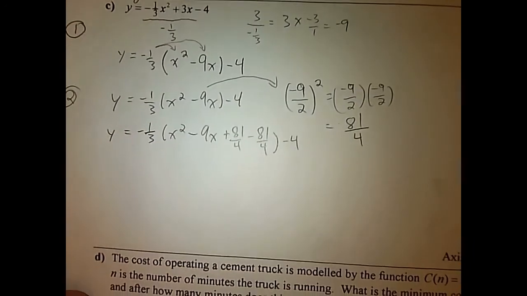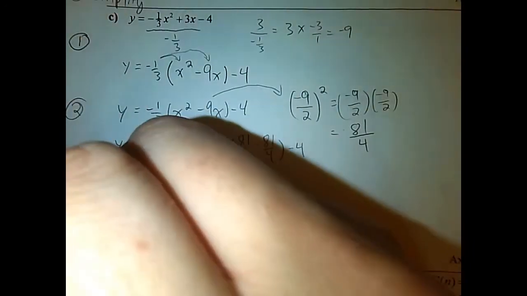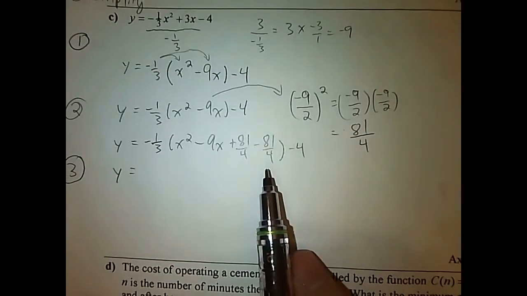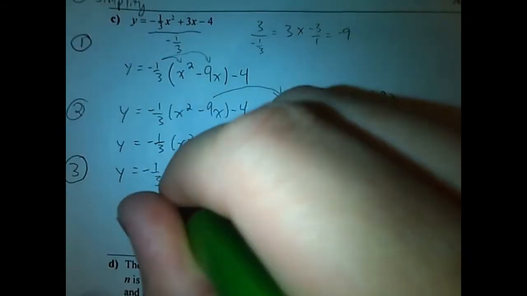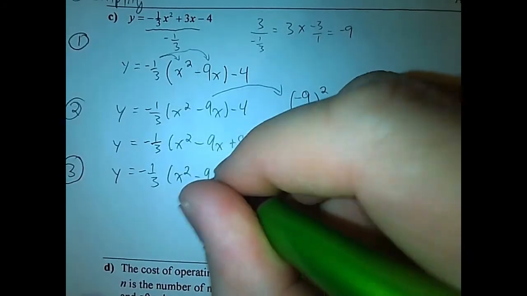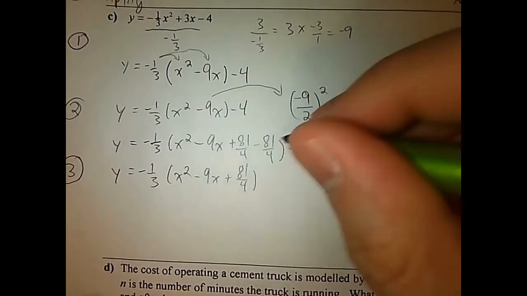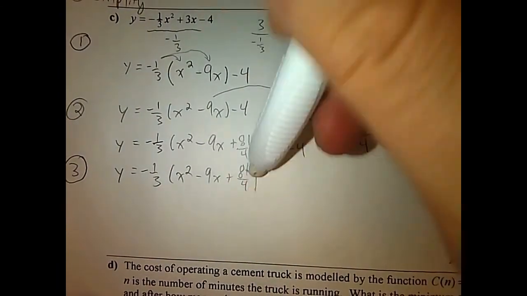There we go. So step number 3 was to get the negative term and move it outside. So we're going to show that step.